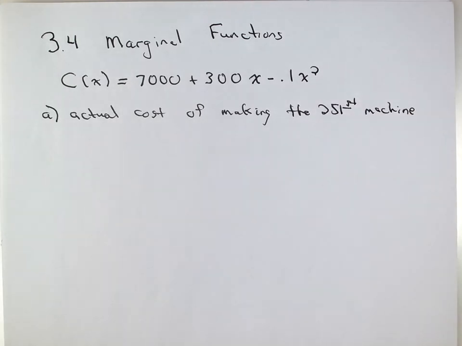In order to find that, I need to find the difference between making the 251st and the 250. If I don't do that, it looks like the cost function is telling me how many to make 251, but I just want to know the 251st is the only one that we're interested in.